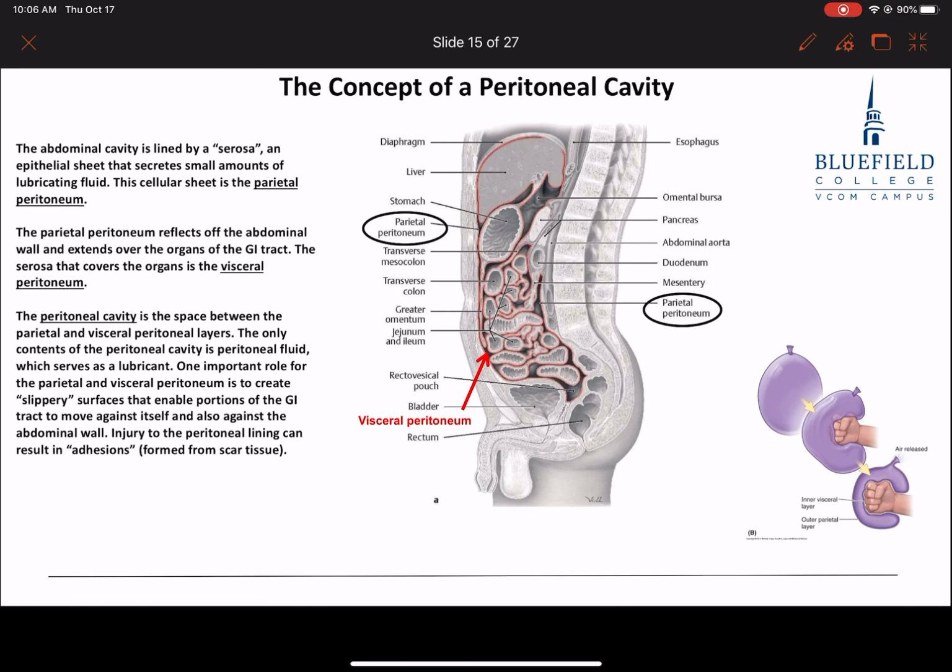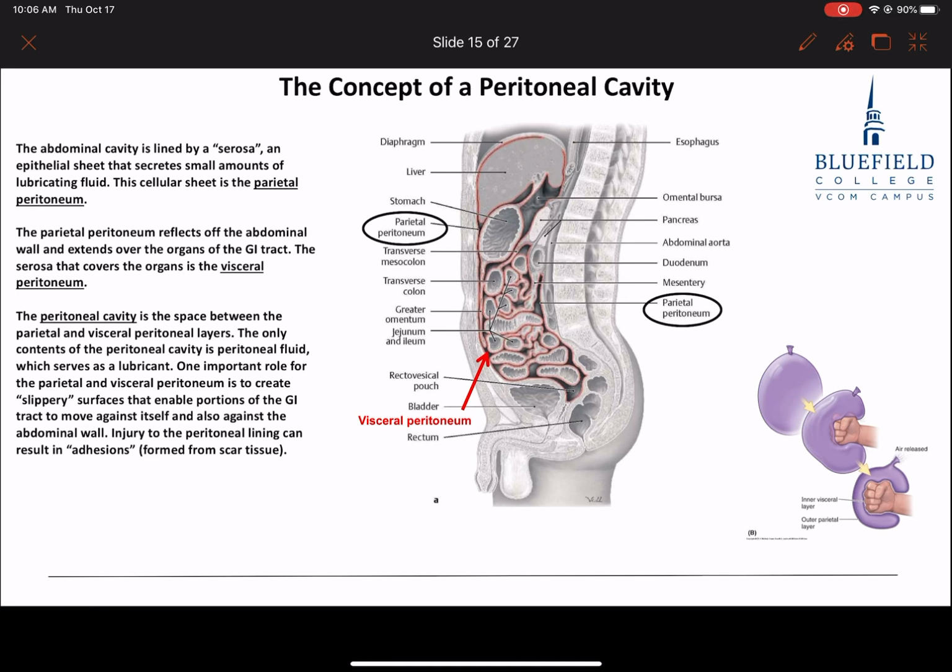If you put the GI tract in along with its peritoneum, now we create the peritoneal cavity, that portion of the space between the visceral peritoneum and the parietal peritoneum, just like you pointed out.